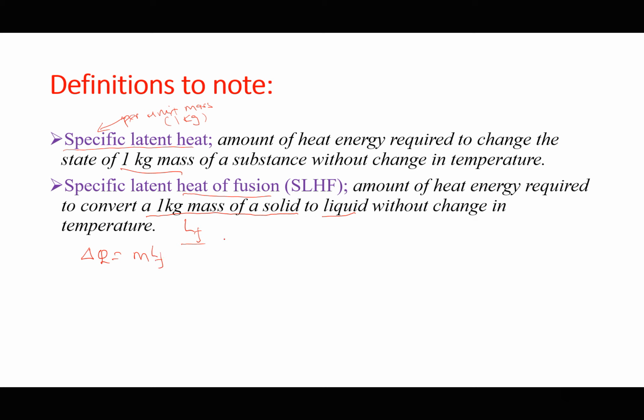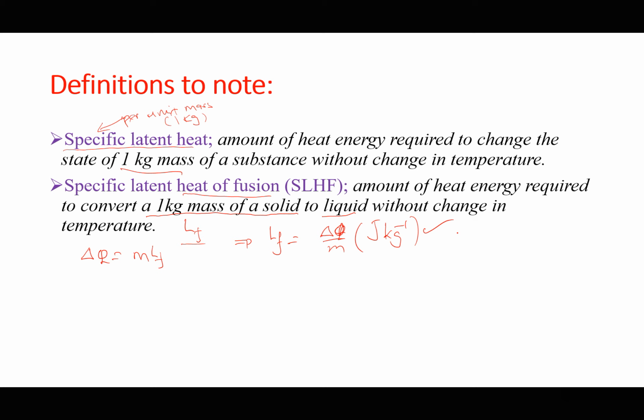So this implies that the latent heat of fusion L_F is given by delta Q divided by the mass. This gives us the units as joules for a thermal energy delta Q divided by kilogram, so joules per kilogram. The specific latent heat of fusion therefore has the units joules per kilogram.